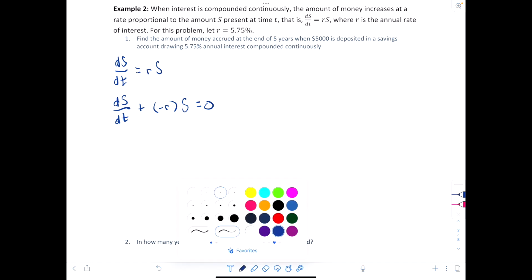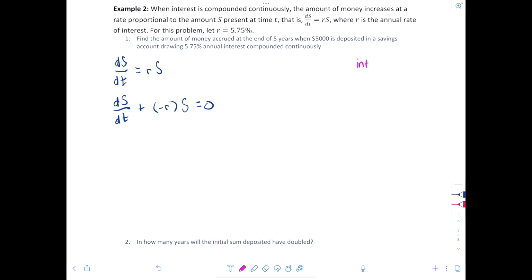And so over here, if you look at your integrating factor, because we have a linear differential equation, it's going to be e to the integral of negative r dt, which is equal to e to the negative rt.